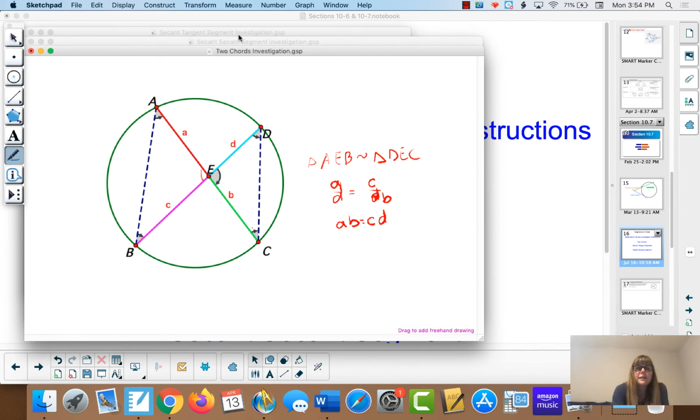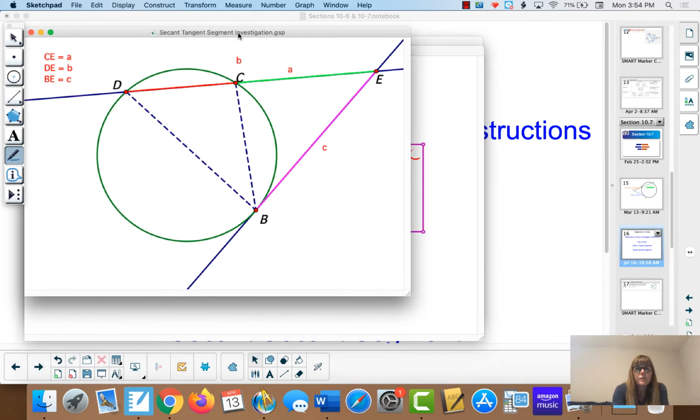Now let's look at the secant tangent investigation. Here, you were supposed to look at this big triangle right here, so DBE, and this little triangle here, CBE. This one's a little tougher, so we're going to be using this arc right here, BC.